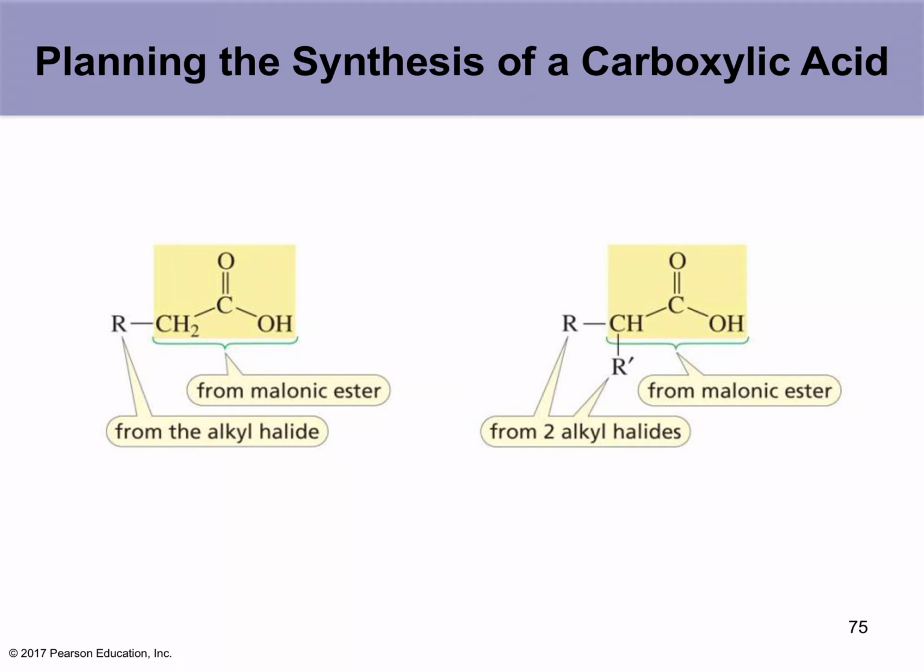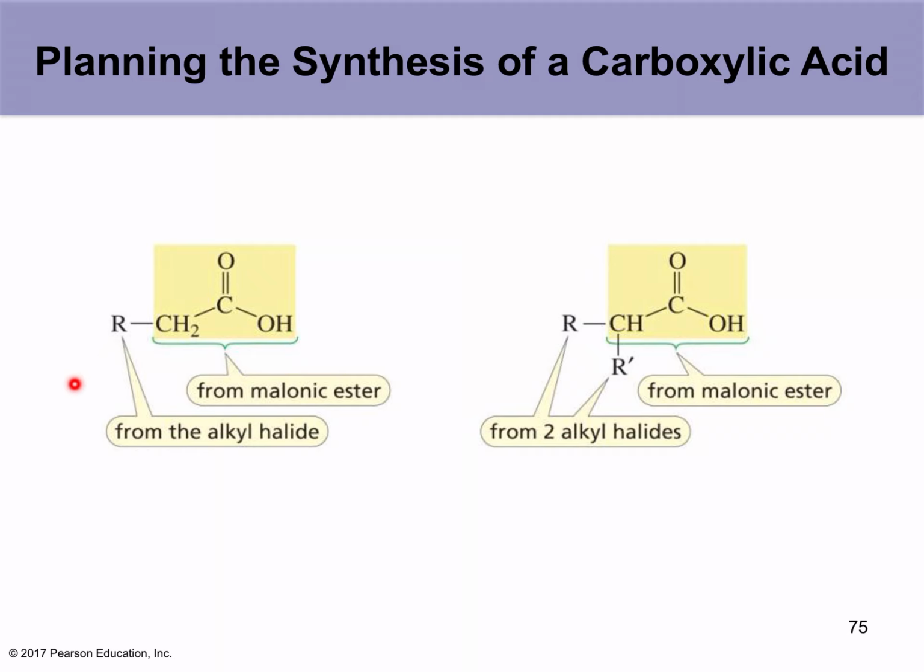Okay, now let's say you want to plan a synthesis of a carboxylic acid. You want to plan this one. So you are given this carboxylic acid and you are asked, can you go ahead and synthesize this carboxylic acid for me?